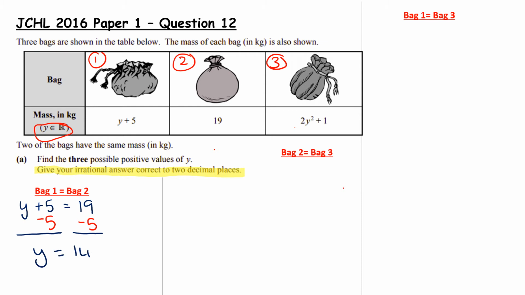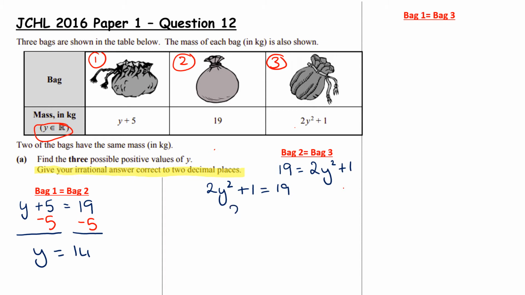Now, bag 2 equals bag 3, so that's 19 equals 2y squared plus 1. I don't like having my unknowns or my variables on the right, so I'm going to flip this. It's the same as saying that bag 3 equals bag 2.